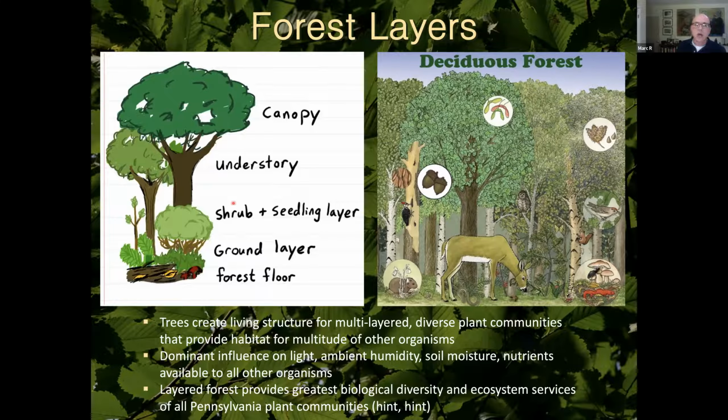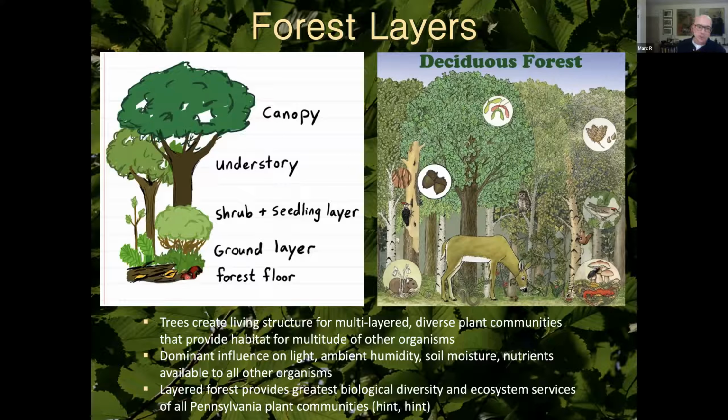The seedlings are the young trees of the canopy trees, just waiting for their spot in the sun, so to speak. When a big tree dies or gets knocked over, they're ready to shoot up. Then there's the shrub or seedling layer, a much lower layer, and then the ground layer, which is generally herbaceous or crawling woody plants, and then the actual forest floor itself with the duff and fungi and other things.